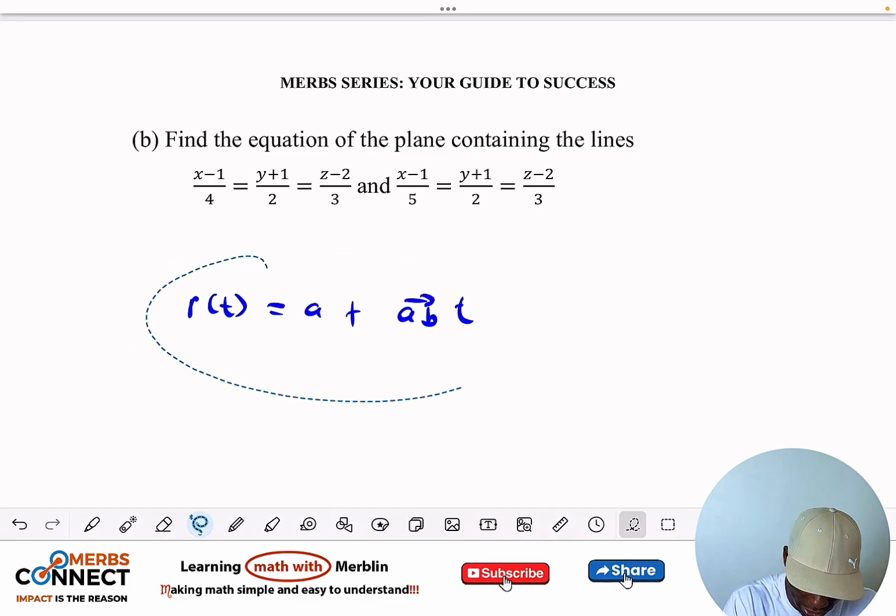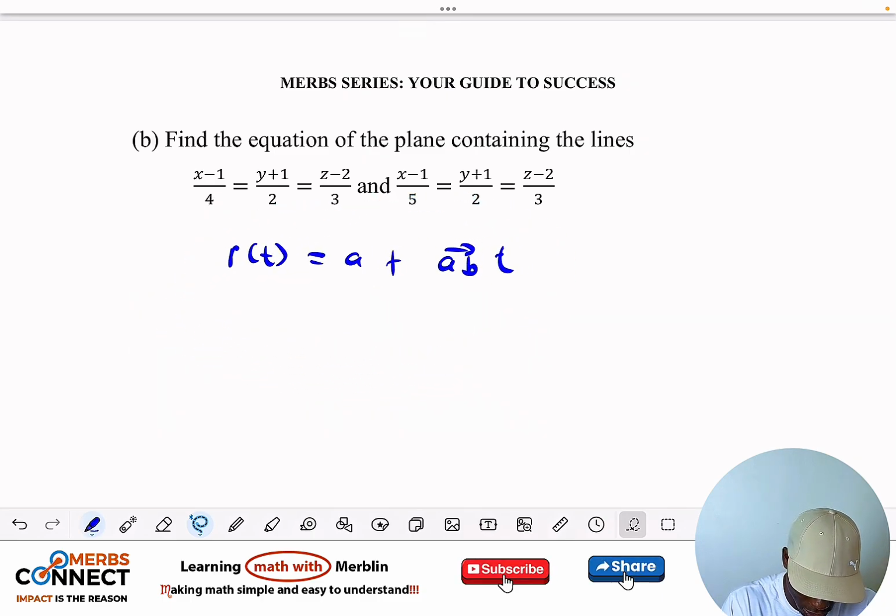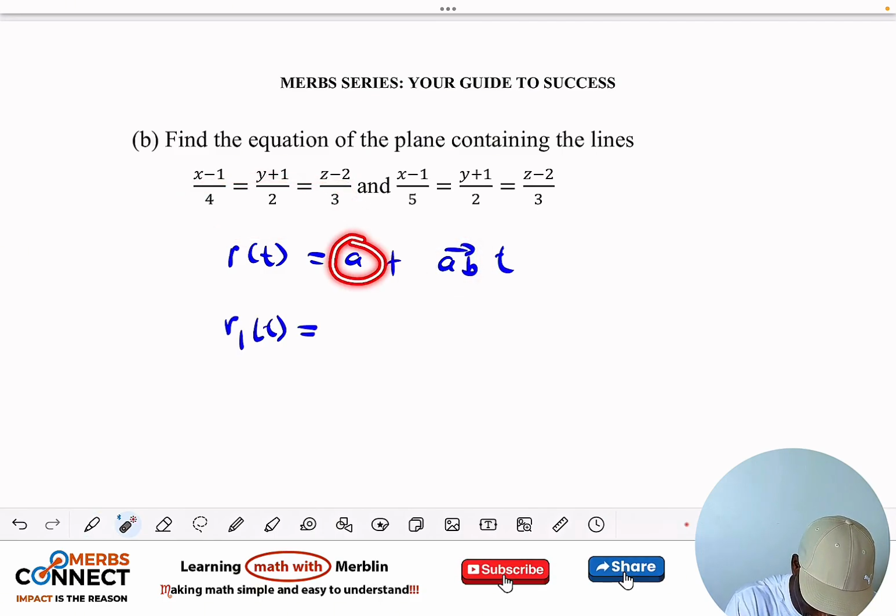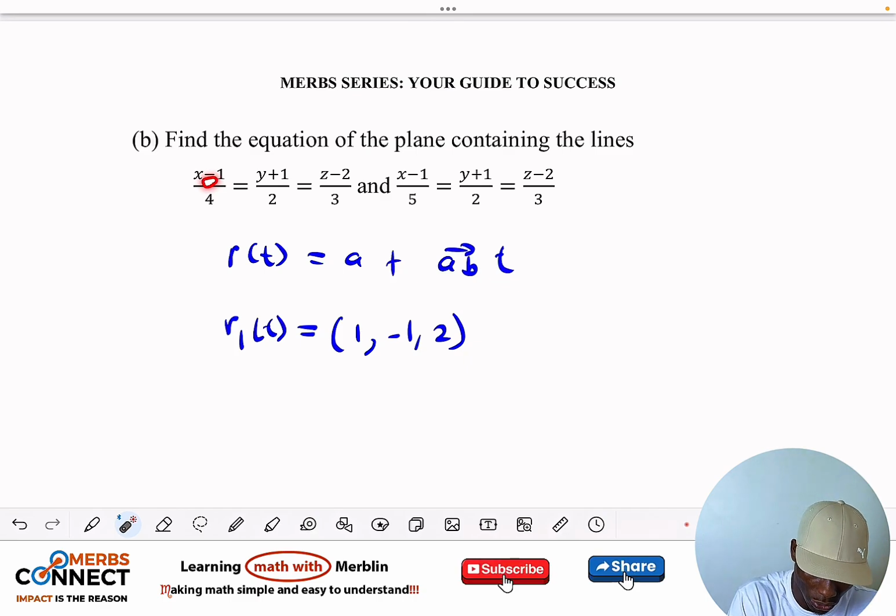So anytime you see a question like this, you need to form this R of t by writing this one as this. Now this A here is the component here. So I'm going to write R1 of t to be equal to 1, minus 1, 2. Here, always we should have a minus there. So this one is plus because it was minus minus.